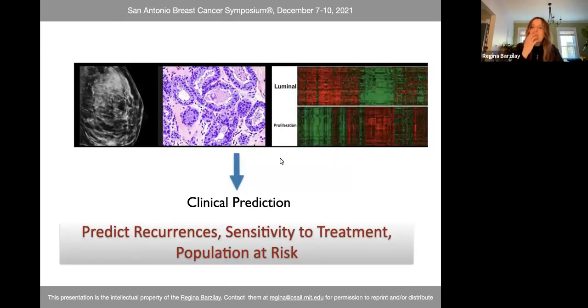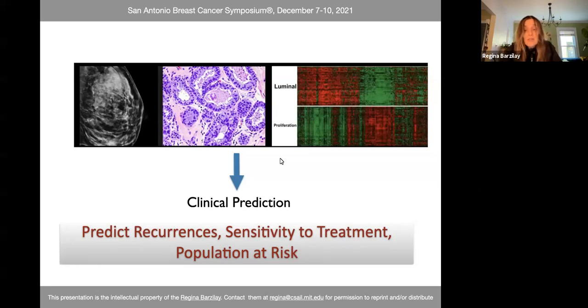But in general, let's go back to our clinical matters and think about it with this new lens of supervised learning. Again, today we have a lot of information about the patient. It can be their mammogram, their pathology slides, their sequencing. And what you want to do is to take all these different available data and predict different questions that you may ask.